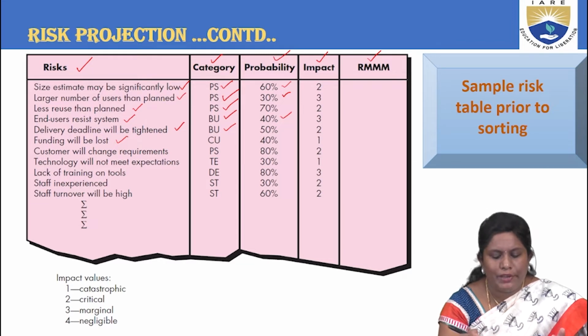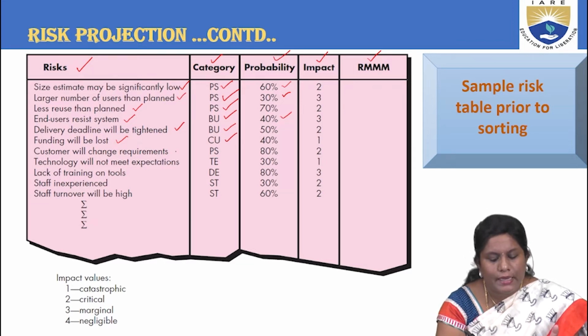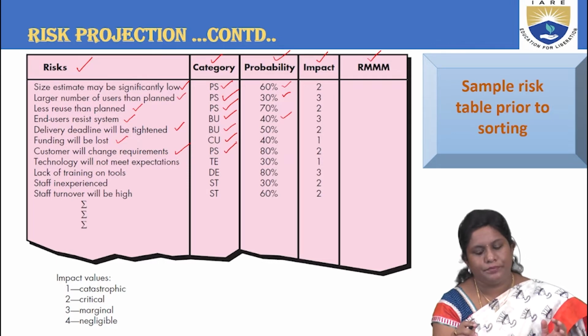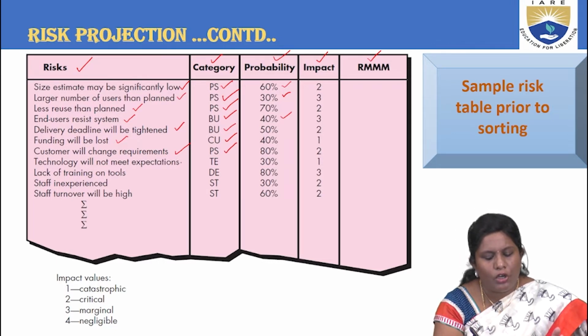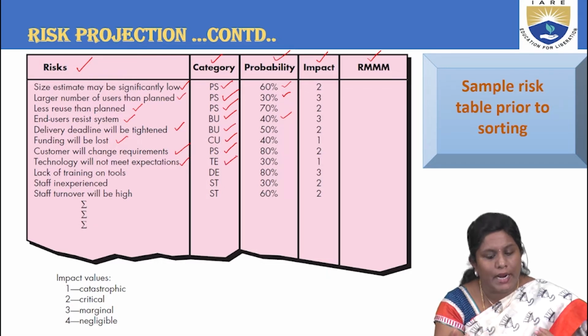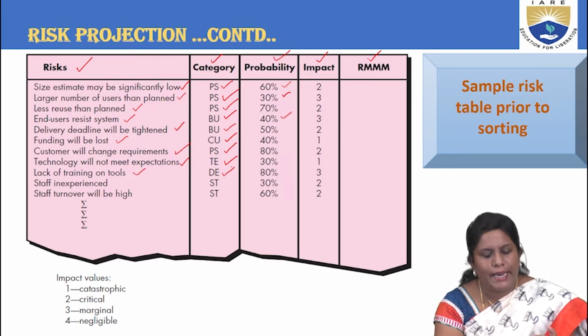Okay. Now when you say funding will be lost, it is regarding the customer. And customer will change the requirements. Whenever you are changing the requirements, the project size also will be varying. Okay. And then technology expectations leads to the technological expectation category. And lack of training on tools, these are also the development category.